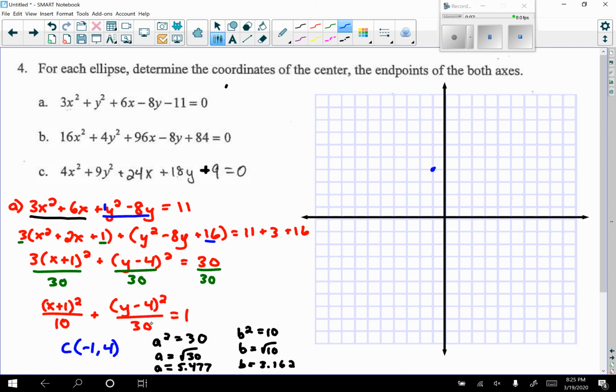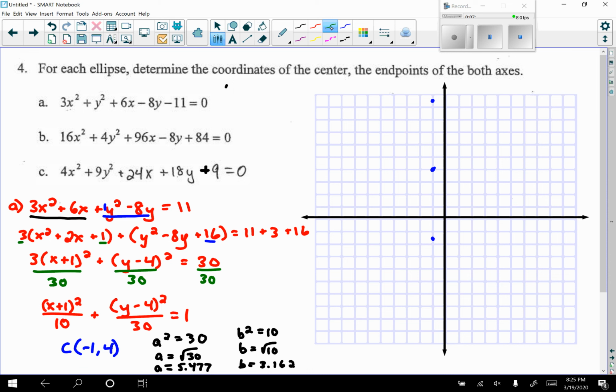And because a squared is our second denominator, our vertical axis, or major axis, is going to go vertical. So I'm going to count up square root of 30, which is 5.477, so a little bit right here, and then count down a little bit right here.